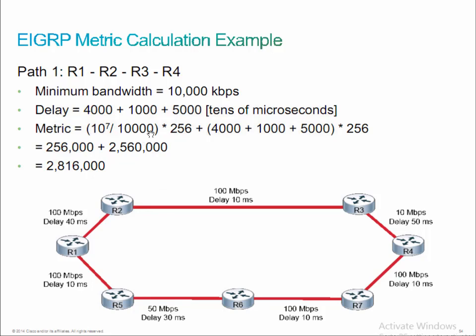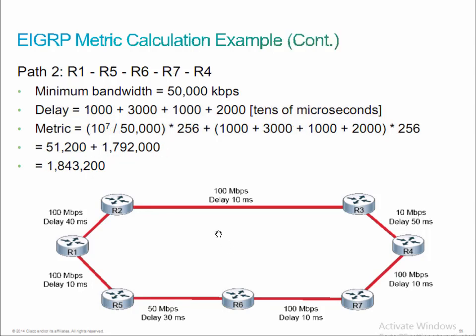Notice that they did multiply the 256 times each value here. And 10 to the power 7 divided by 10,000 is going to equal 1,000, and multiplied by 256 gives 256,000. 4,000, 1,000, 5,000. Since they've already converted it to tens of microseconds, you just multiply that number by 256, and that equals that path metric.